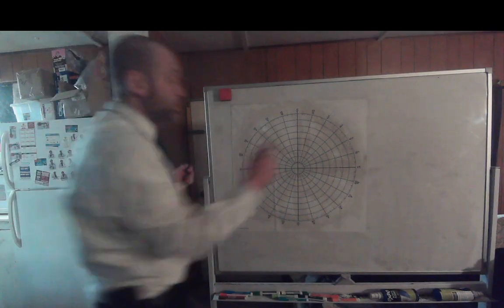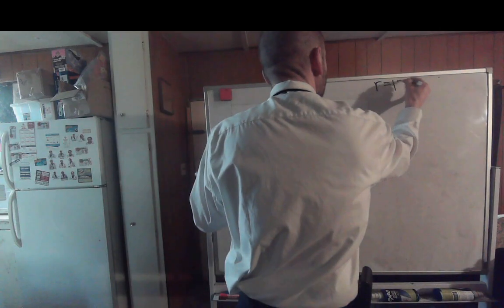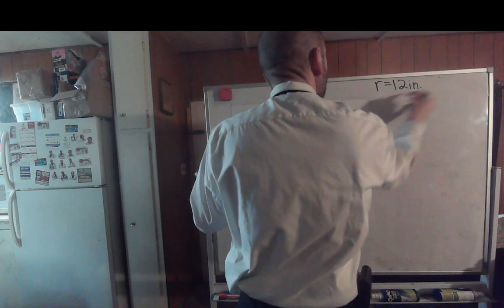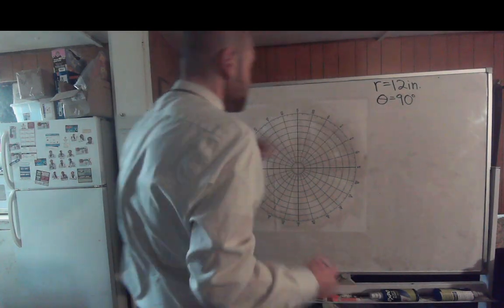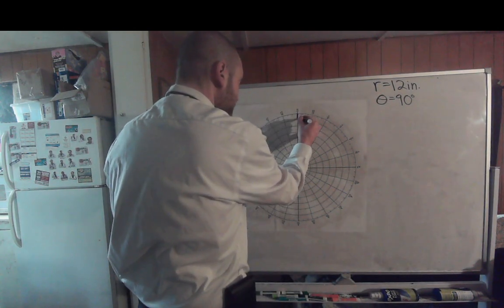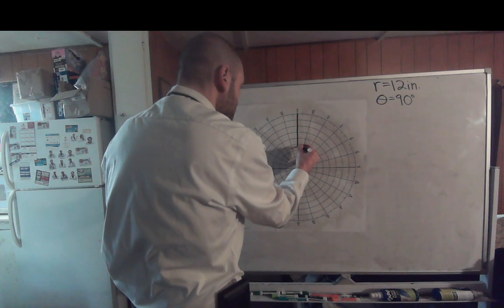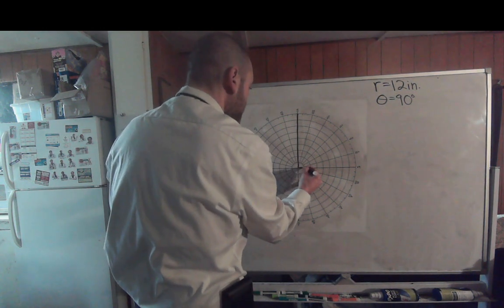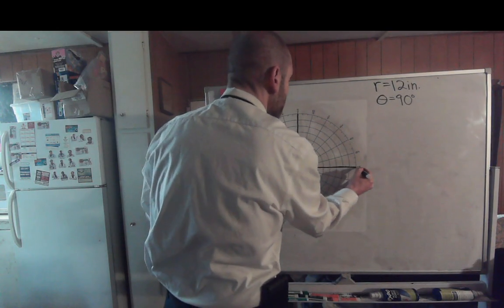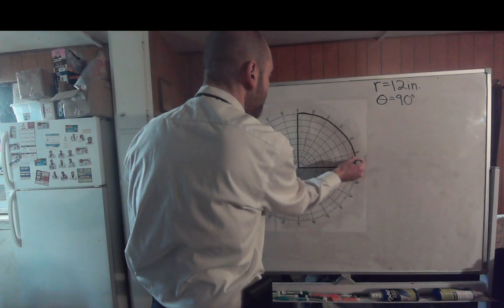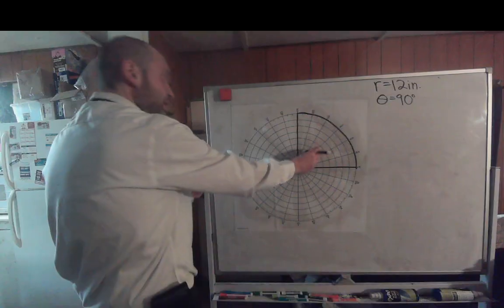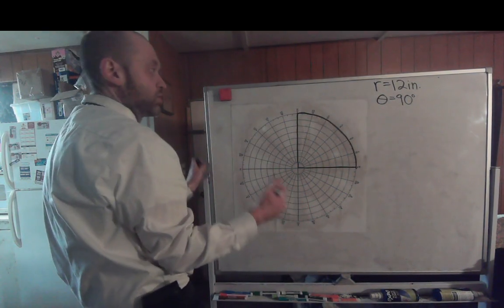Good one. So we have a radius of 12 inches. We have a theta of 90 degrees. Well, it's good they initially give it to us in degrees because we can easily find that. So we're basically finding a whole quarter circle. We're finding the arc length for a whole quarter circle, and then the area of the sector of a whole quarter circle.